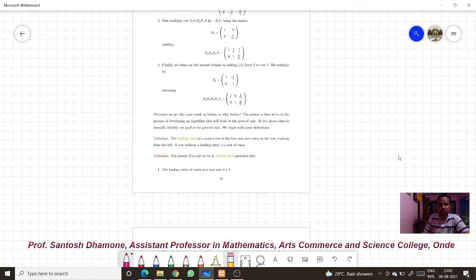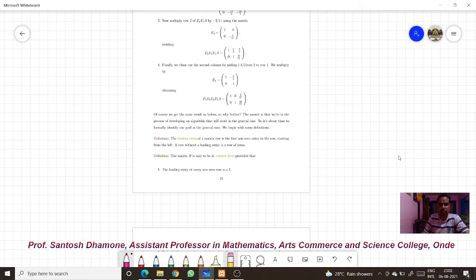To add minus 2 row 1 to row 2 in the resulting matrix, multiply it by E2. Now we want to make this entry equal to 0. For this, we multiply row 1 by minus 2 and add it to row 2: row 1 times minus 2 plus 2 is equal to 0.